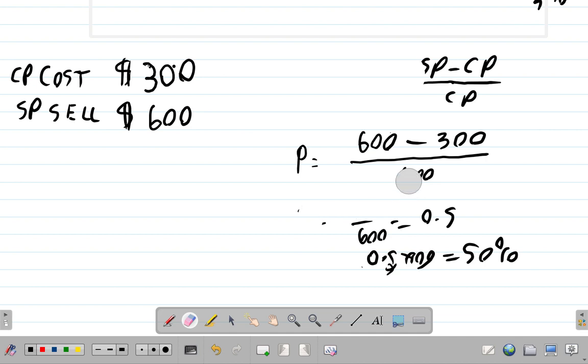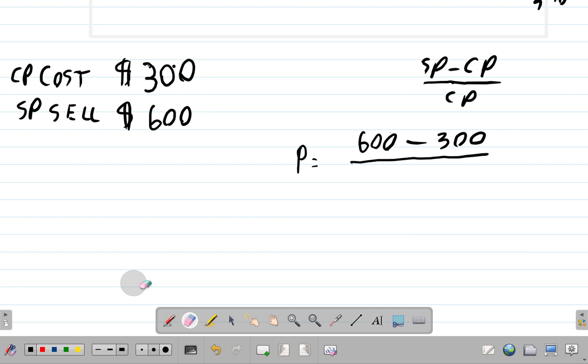So let's redo it and divide by the cost price. This 300. When you divide by 300, then the profit here, I'm going to multiply by 100.